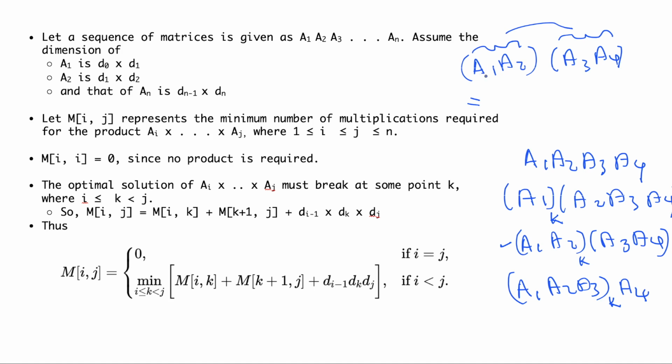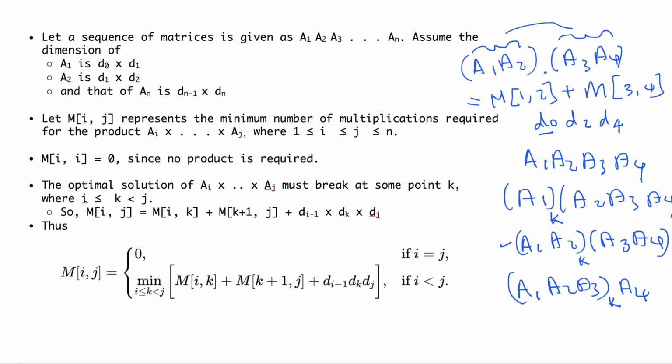So the number of multiplications required to calculate A1, A2 will be m of 1,2. The number of multiplications required to calculate A3, A4 will be m of 3,4. Then the number of multiplications required to calculate the product of these two matrices will be d0, d2 and d4, because the number of rows of A1 will be d0, that is if the matrix index is 1, then the number of rows will be 1 less than the matrix index, that is d0.